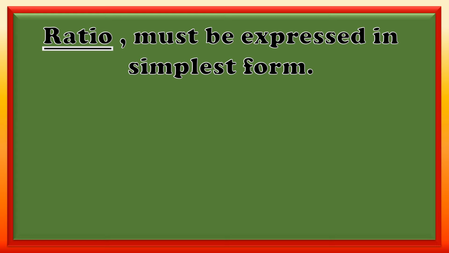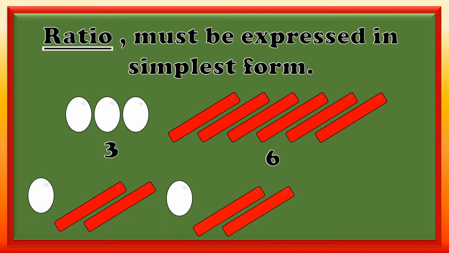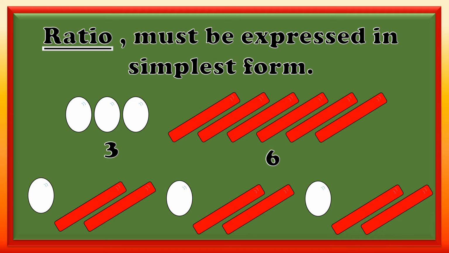Okay, now, ratio must be expressed in simplest form. So again, if we have 3 eggs and 6 hot dogs, that means we have 1 egg for every 2 hot dogs. Okay?